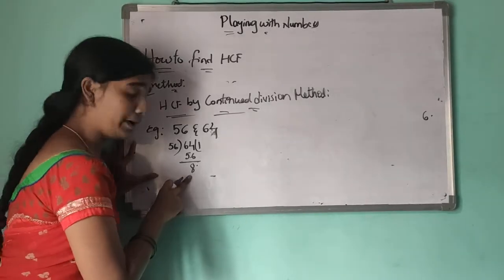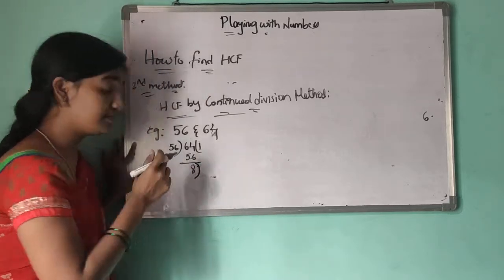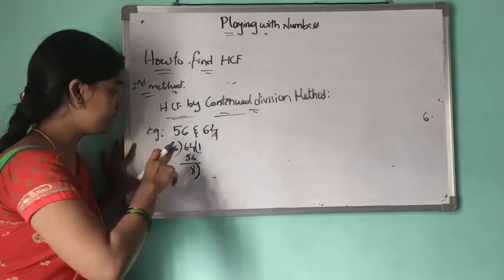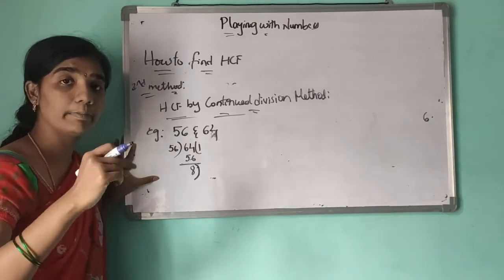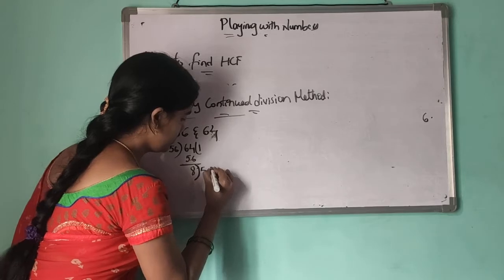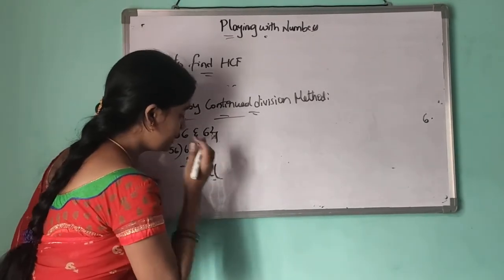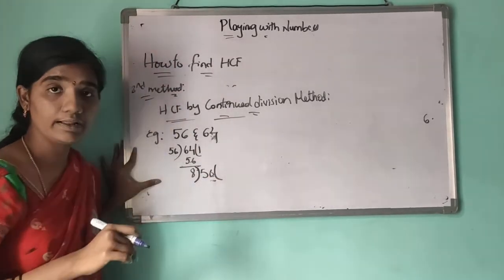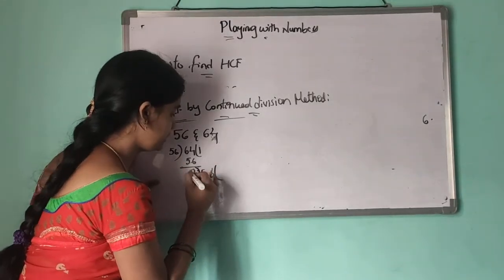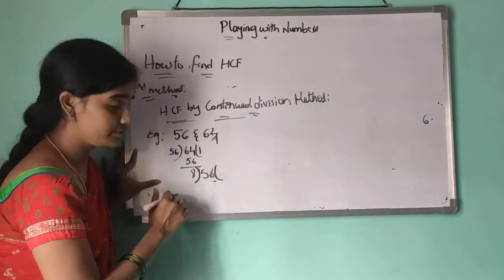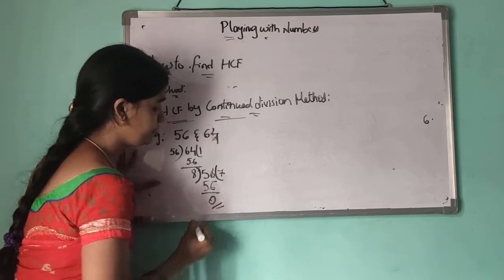Then the previous divisor, 56, is divided by the remainder, 8, until the remainder is 0. That means how many times? 7 times: 7 8s are 56, and you get the remainder 0.